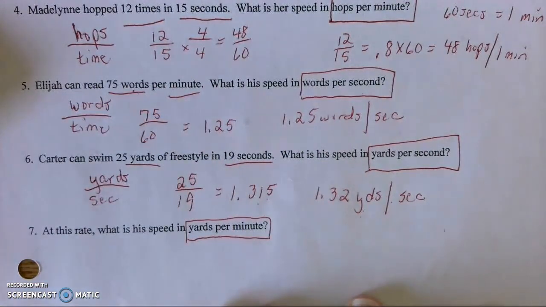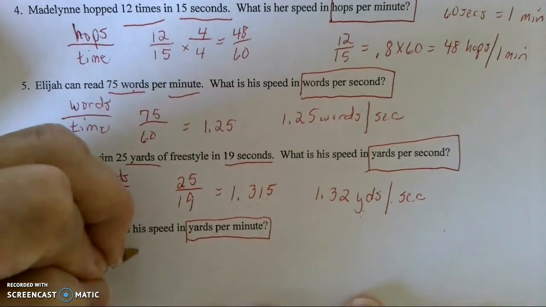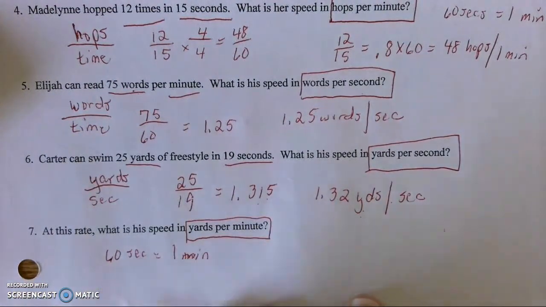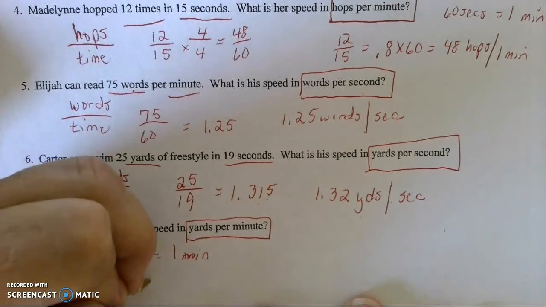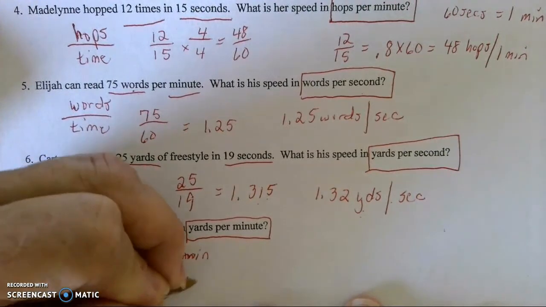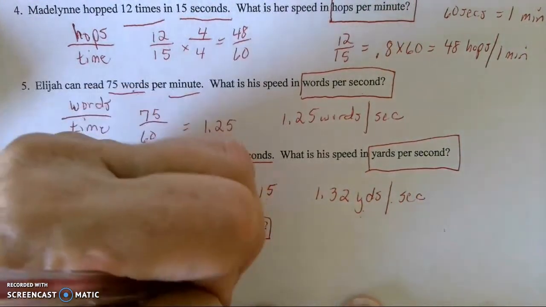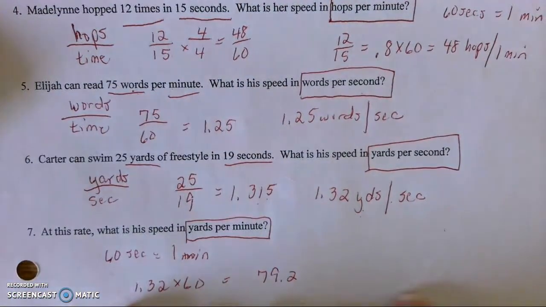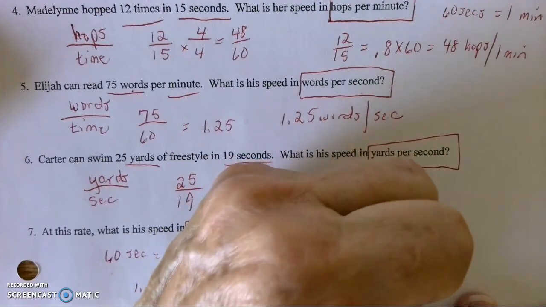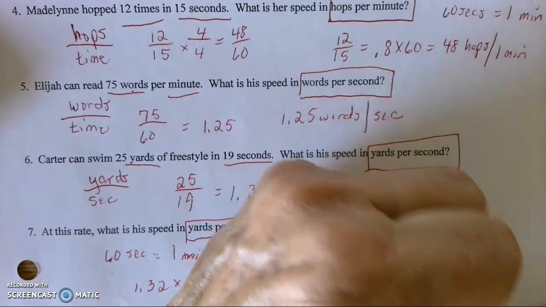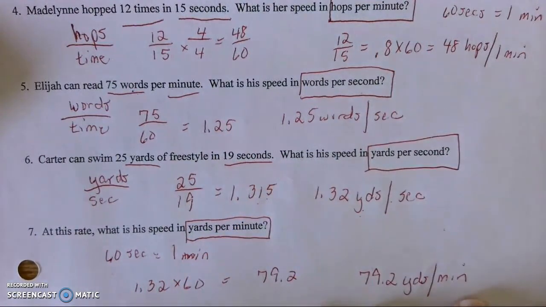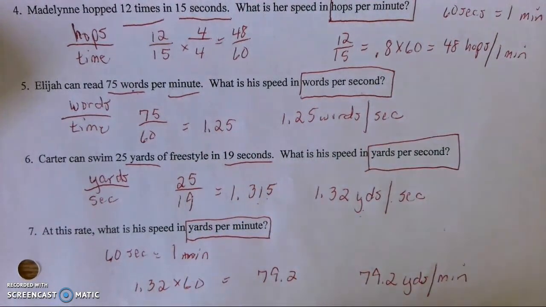And again, I know that there are 60 seconds in 1 minute, so all I have to do is take that 1.32 times 60. That gives me 79.2 yards per minute. Okay? Now, that's unit rate.